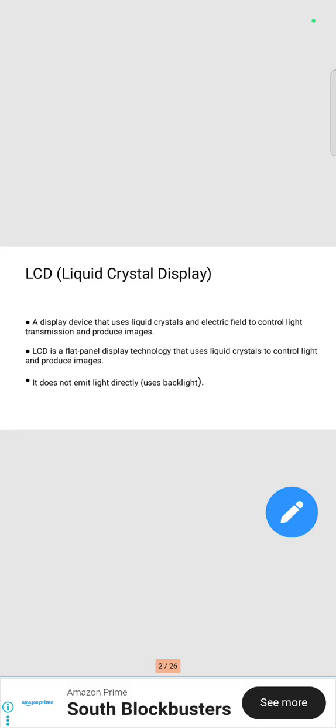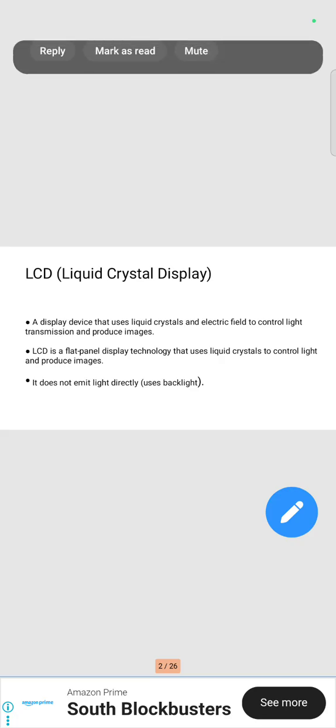Okay, so liquid crystal may be neither solid nor liquid, but has the properties of both. It does not emit light, but it requires a backlight. This is how the image is formed by controlling the light through the crystal. Now, how is this LCD visible?